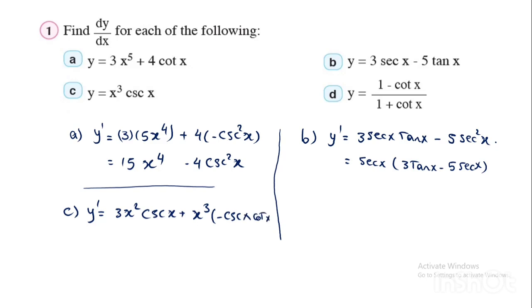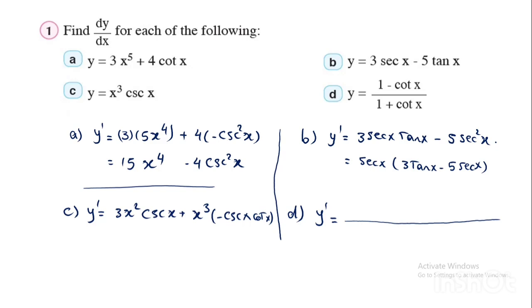Now proceeding to part D, which is not an easy one, but not very difficult. We will use the division rule. We would like to calculate the derivative of (1 minus cotan x) over (1 plus cotan x).